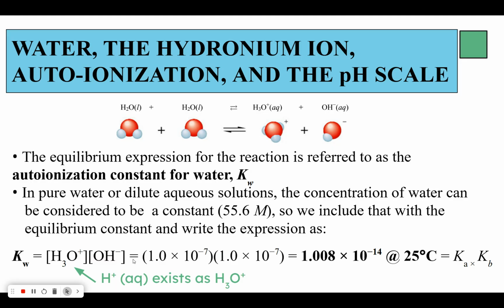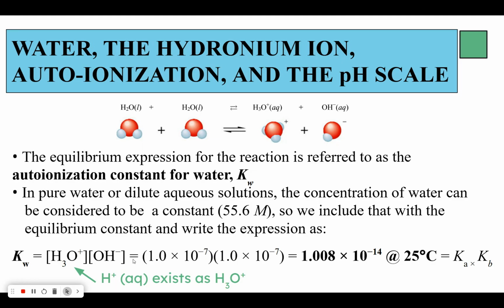H plus is too tiny and unstable on its own. And so if H plus is produced in solution, which is what that aq means, in water, the H plus is going to grab onto that water to become what we call the hydronium ion, this H3O plus thing here. So you're going to see that a lot of times in place of just H plus.